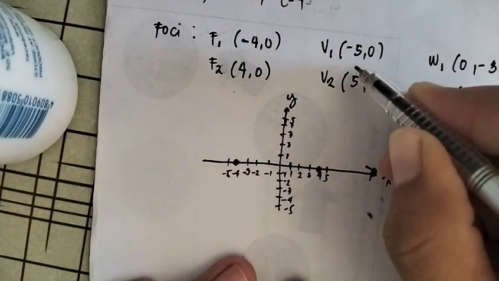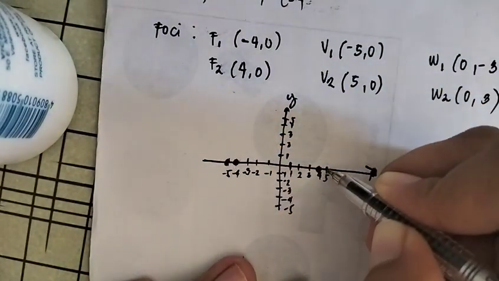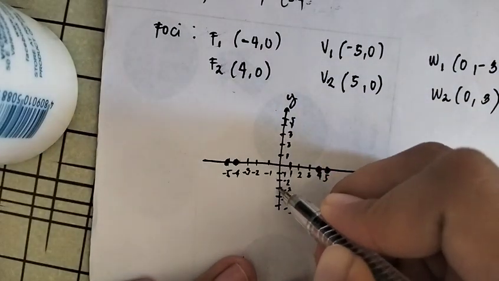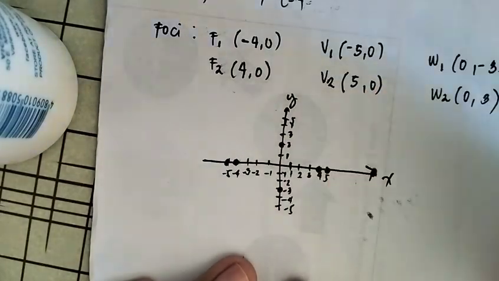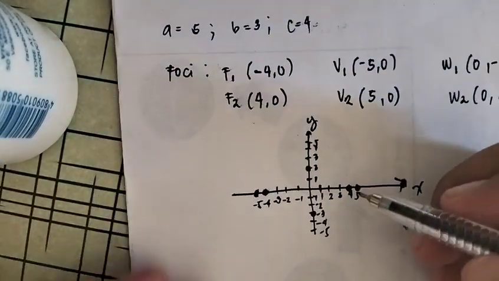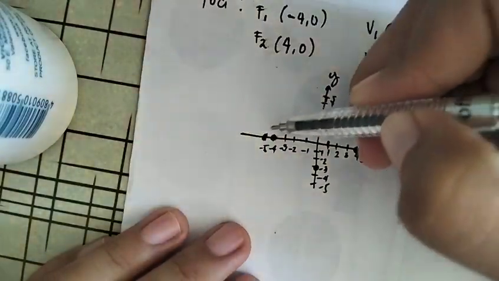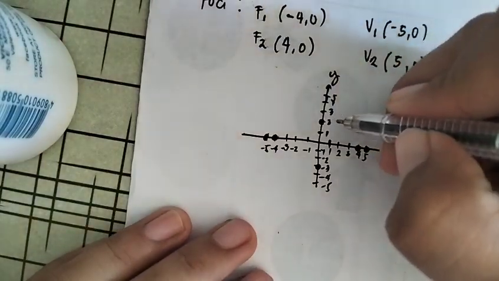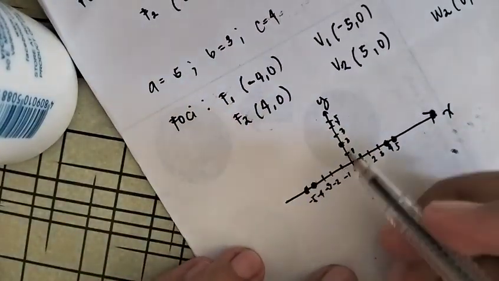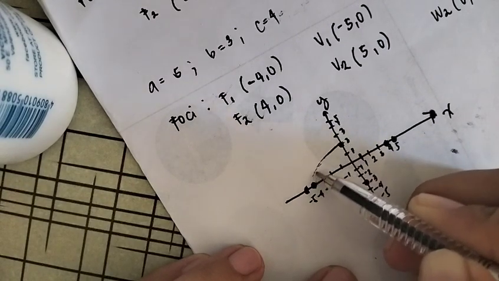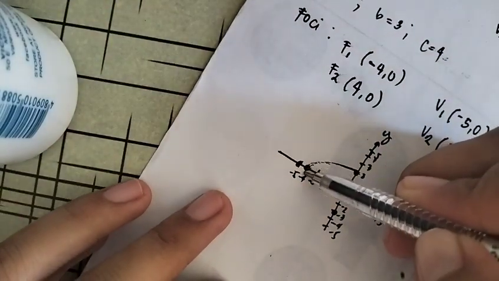Negative 5, 0. 5, 0. Next is 0, negative 3, and then 0, 3. Okay. Now connect them. It will form an ellipse. We connect the points of the major and minor axes. Connect them neatly, and it becomes an ellipse.